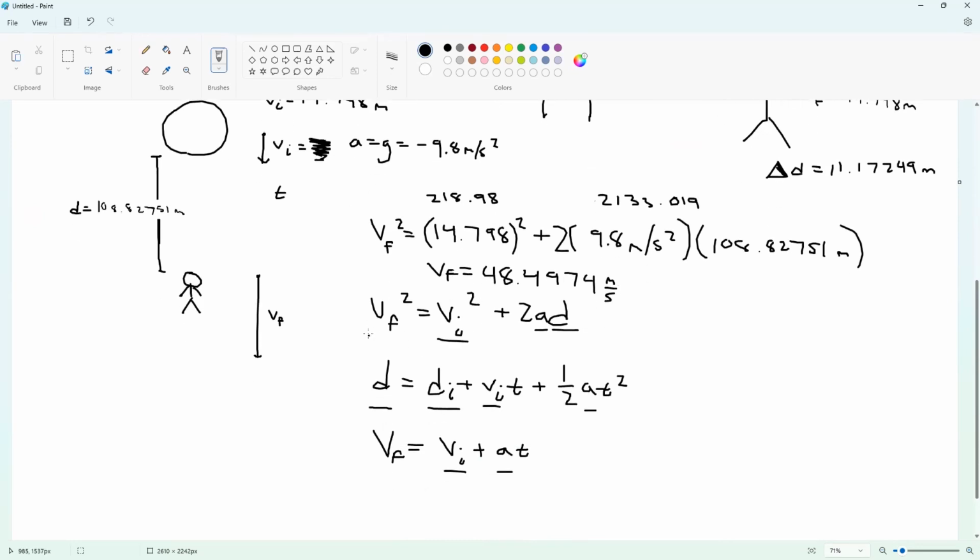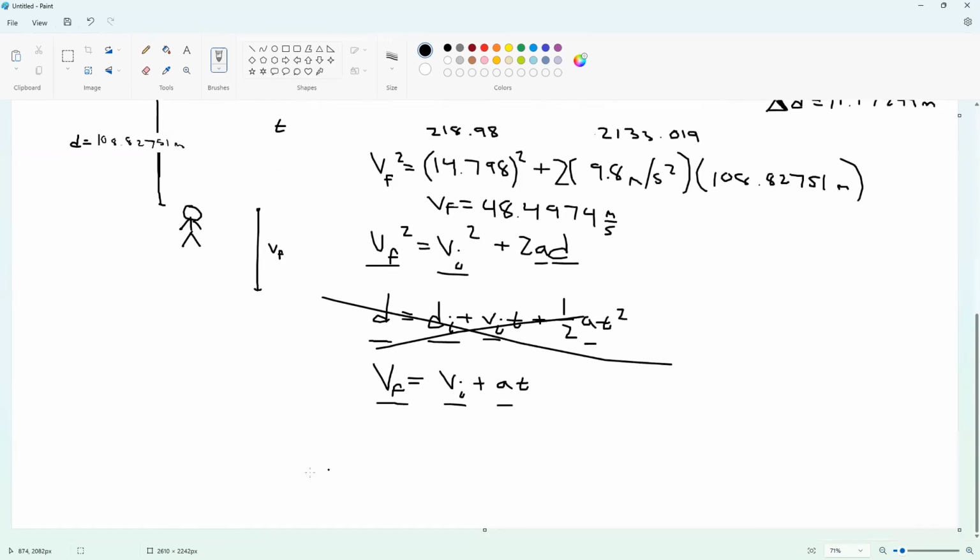Okay, so now we have final velocity. We can underline some new stuff. And with that, we have access to time quite easily. We don't need to use you no more. Goodbye. So 48.4974 minus our initial velocity. Well, let me manipulate this first so you don't get confused.